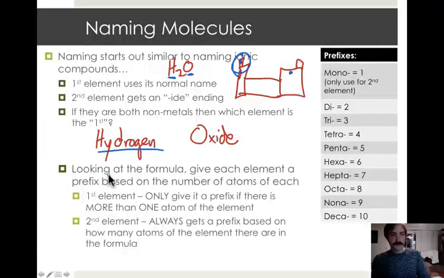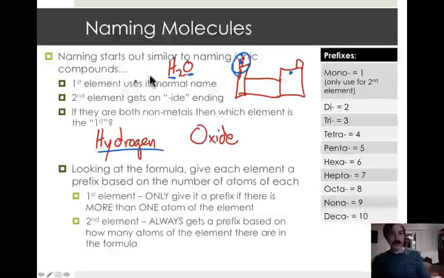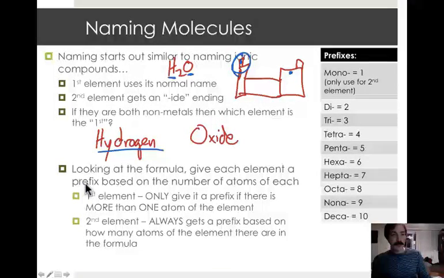Easy enough. Now here's where it gets a little tricky, because besides the fact that it's made up of just nonmetals, you have to do one more thing that we didn't have to do when we named ionic compounds: we have to give each name a prefix, based on the number of atoms of each element in the compound. So we go back up here and look at the subscripts. Hydrogen, we have 2 of them. Oxygen, we only have 1.